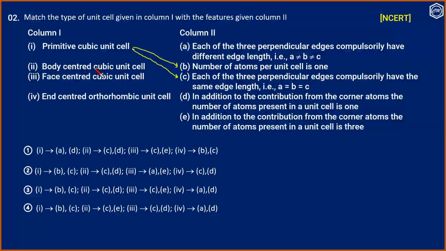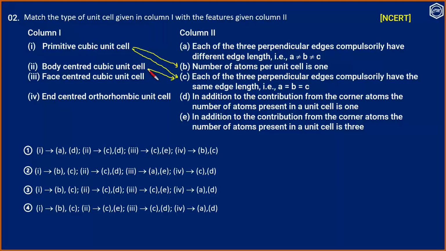Then body centered cubic unit cell. Here also it is cubic, so we can relate it to C. In addition to contribution from corner atoms, the number of atoms present in a unit cell is 1, that is from the lattice point that is present at the middle of the unit cell.